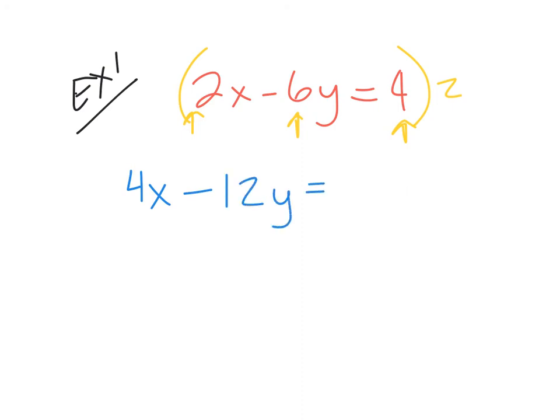And 4 times 2 is? 8. So this is an equivalent equation. Why do we know that it's equivalent? If I were to graph this, they would be on the exact same line. Okay, so there's one equation.